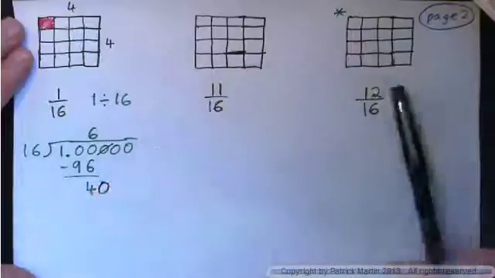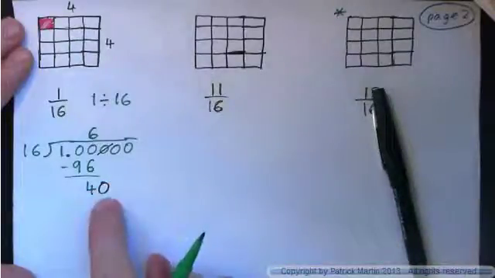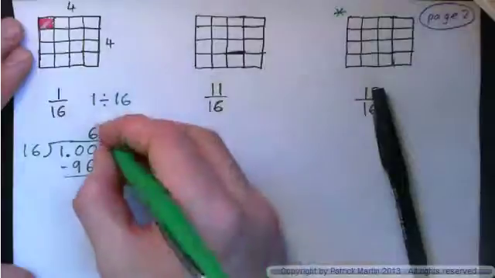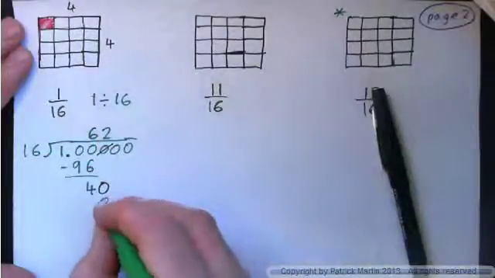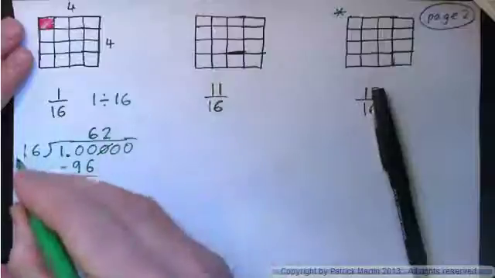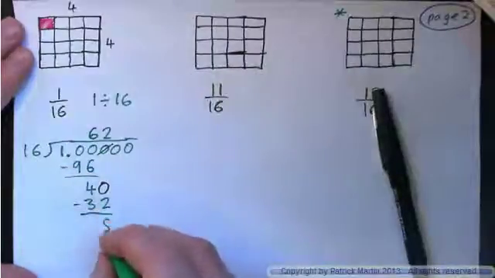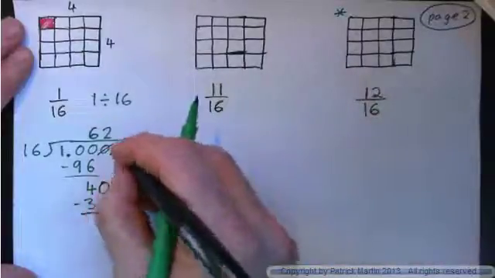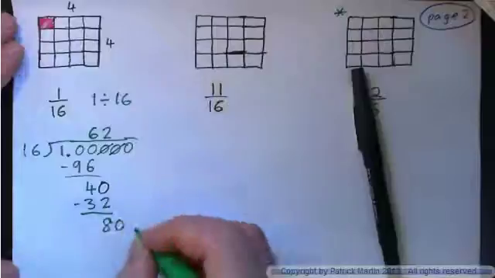Okay, and then I go 16 into 40. 16 into 40 goes, I think, 2 times. Let's try that. 2 times 6 is 12. Carry the 1. 2 times 1 is 2, and 1 is 3. And then subtract, and I get 8. Cross off another 0, bring that down. 16 into 80.